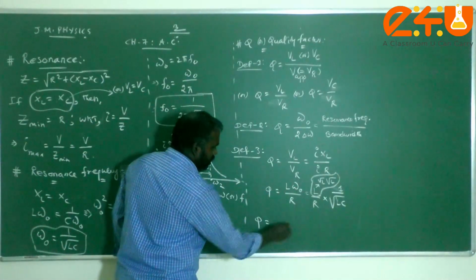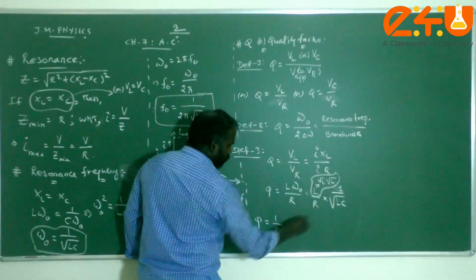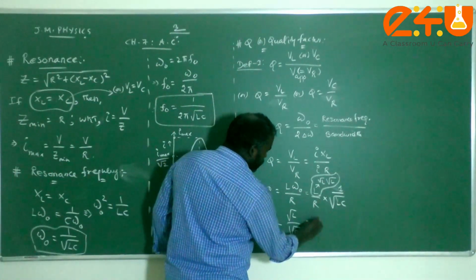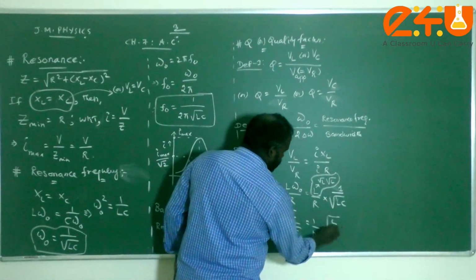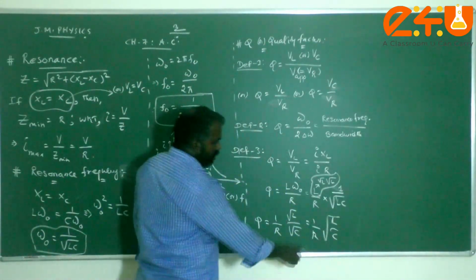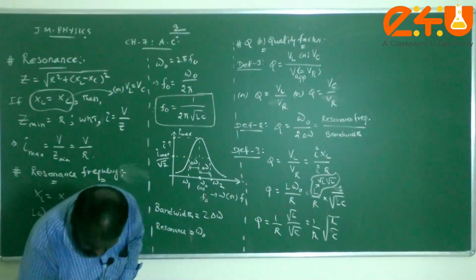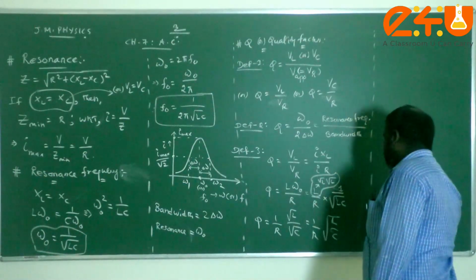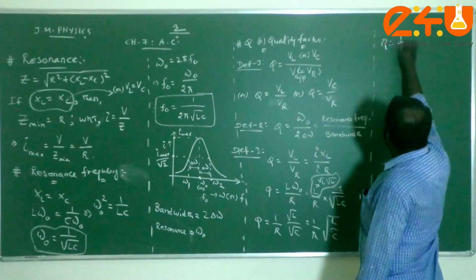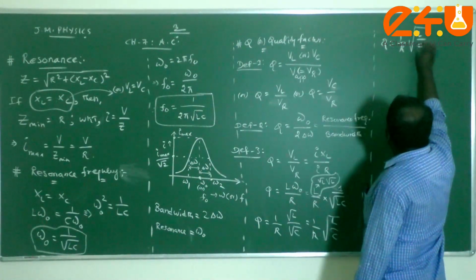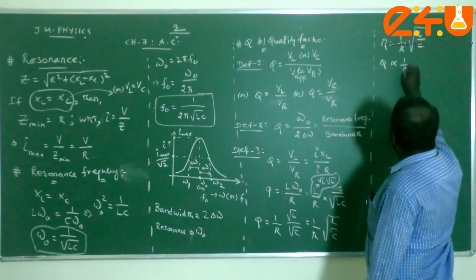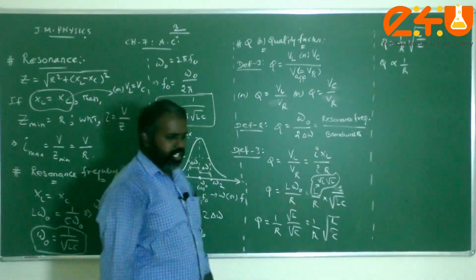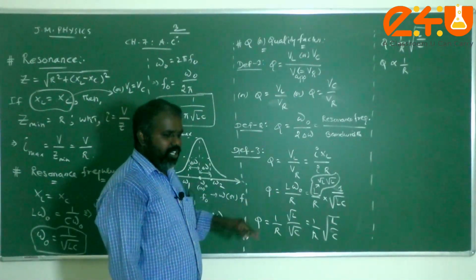Therefore, I get 1 by R, and the remaining is root L divided by root C. Altogether I can write that Q is equal to 1 by R root over L by C. From this we can say that Q is inversely proportional to R. So when the value of R increases in the LCR circuit, the quality factor value decreases.